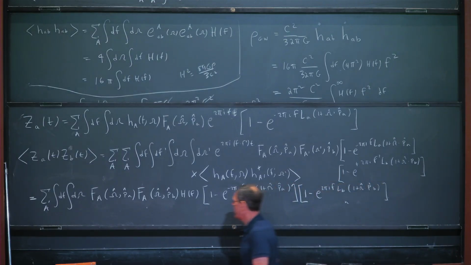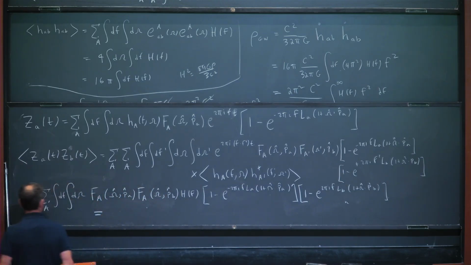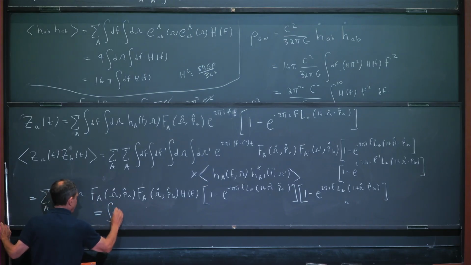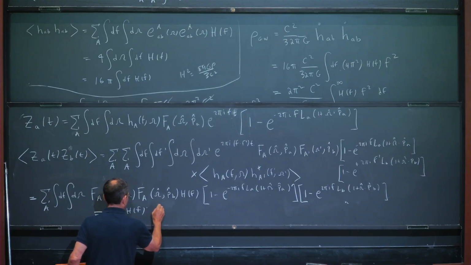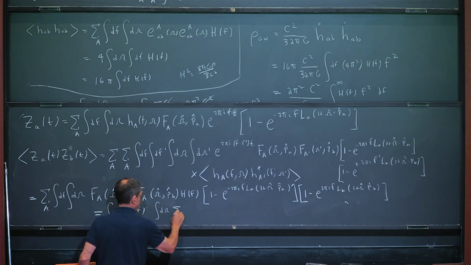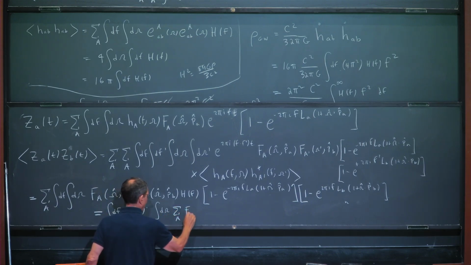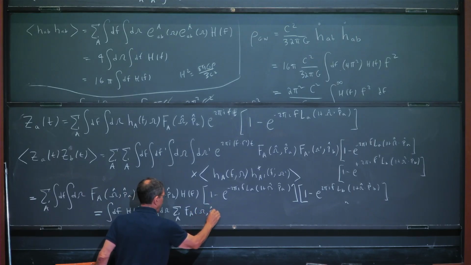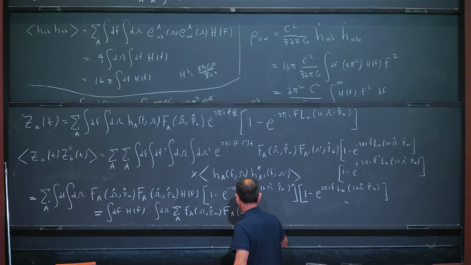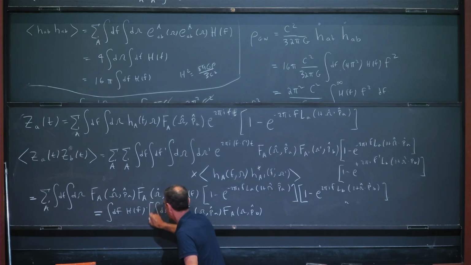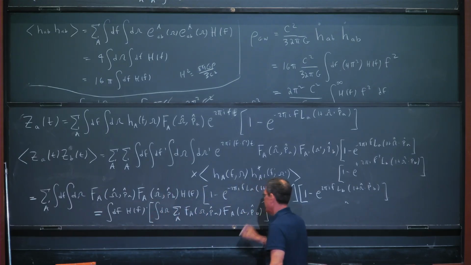So what we've got here is the following. There's an integral df of H of F. Then there's an integral d omega times the sum over polarizations of FA of omega p hat A with FA of omega p hat B. I'm going to put square brackets around that just to set it off for you mentally.